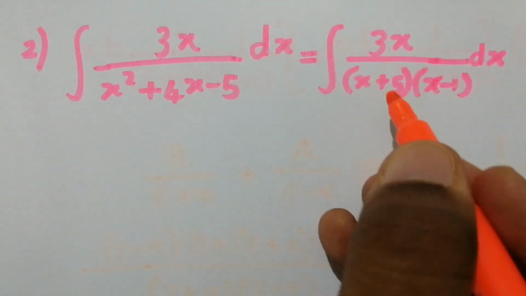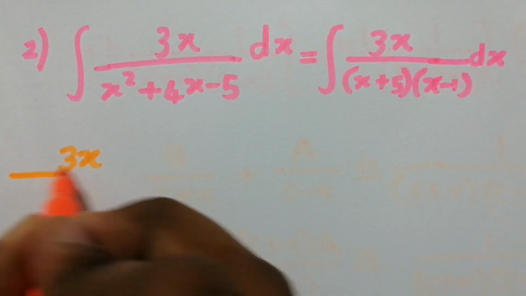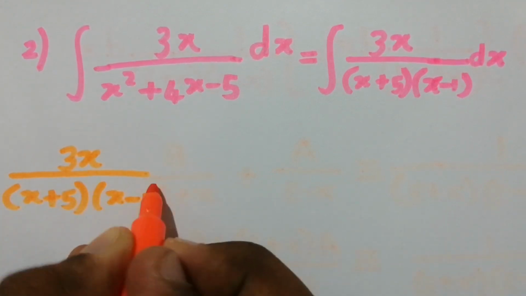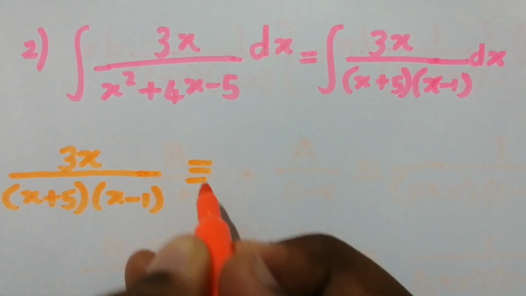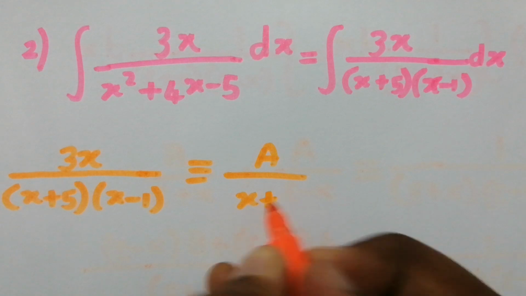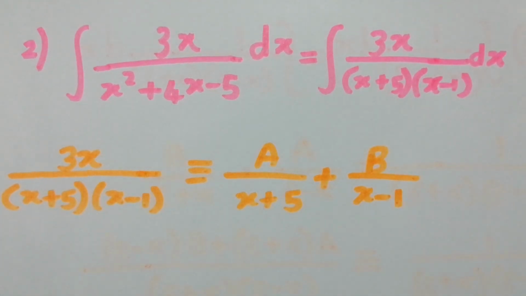Now I am breaking this into partial fractions. 3x upon x plus 5 times x minus 1, I can write it as a upon x plus 5 plus b upon x minus 1.